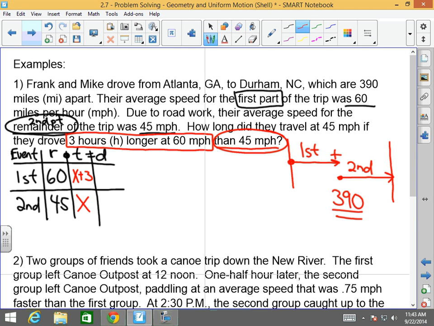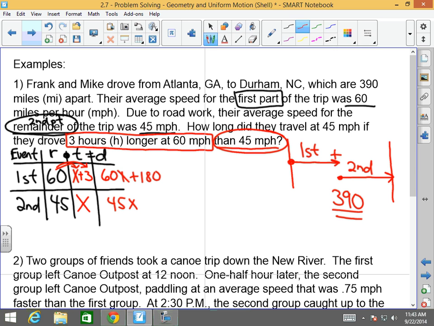So the first part's distance, remember that distance equals rate times time. So please distribute. So the distance of the first part is 60x plus 180. The distance of the second part of the trip is 45 times x, which is 45x.